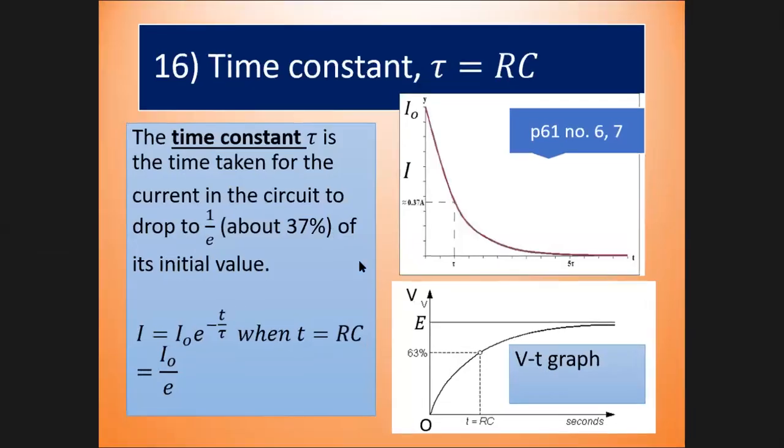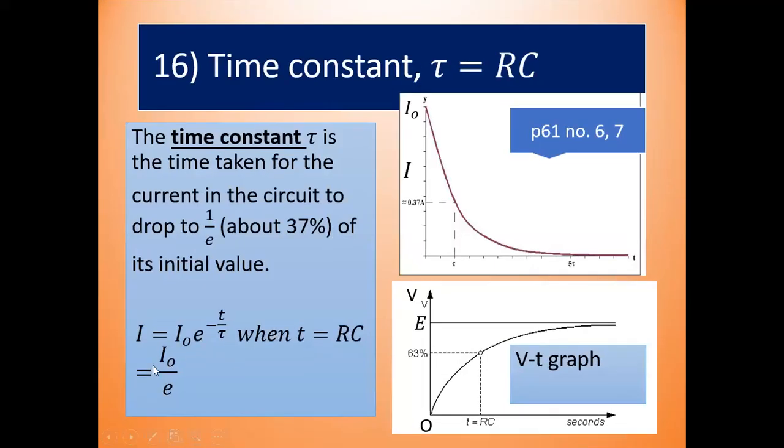How do they calculate? Here, it's about 37%. 1 over e times 100 gives about 33%. So if the current is 33%, the voltage is 2/3. These two added together must be 100%.